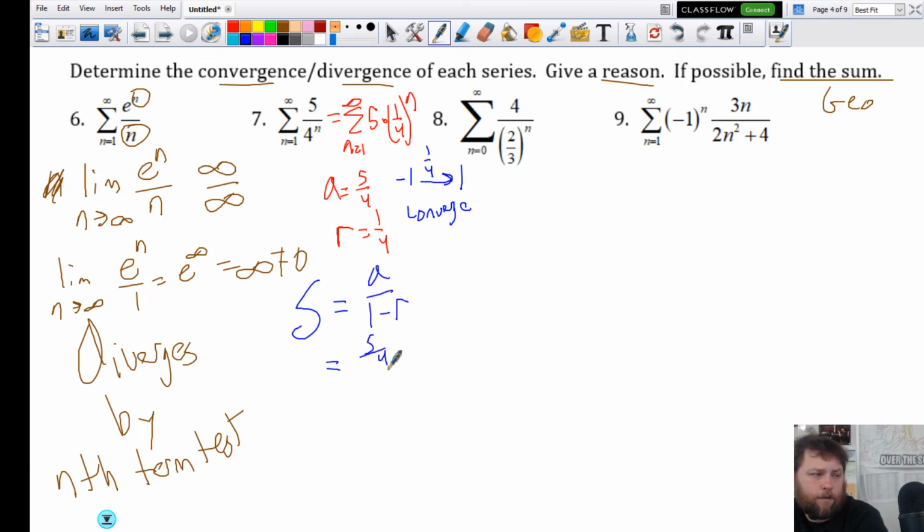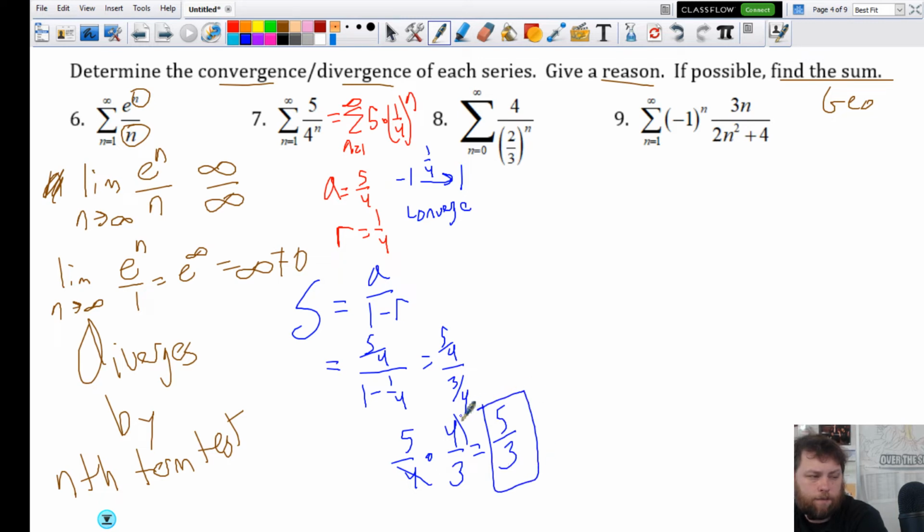So 5/4 over 1 minus 1/4, which is 5/4 over 3/4, which is 5/4 times the reciprocal 4/3. Flipping that, cancel, cancel, the sum is 5/3 as a simplified form.